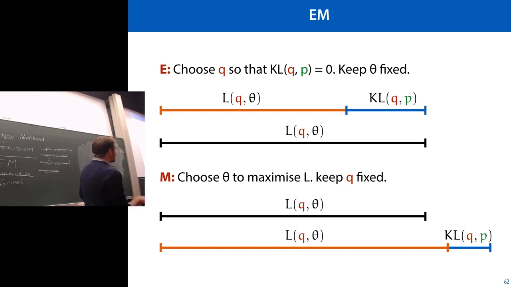And then on top of that, Q might no longer be a good approximation of P. Because we've changed theta, we also get a little approximation error here, which, counterintuitively, actually makes our likelihood bigger.